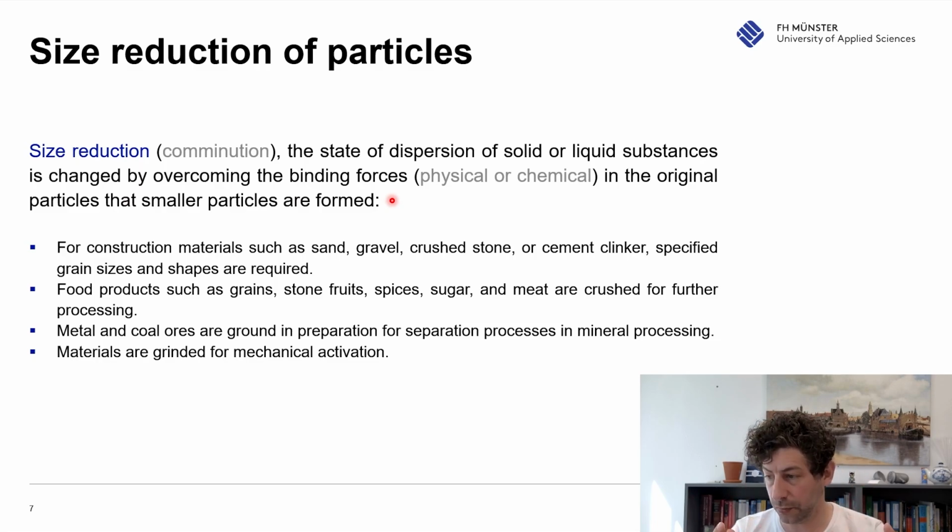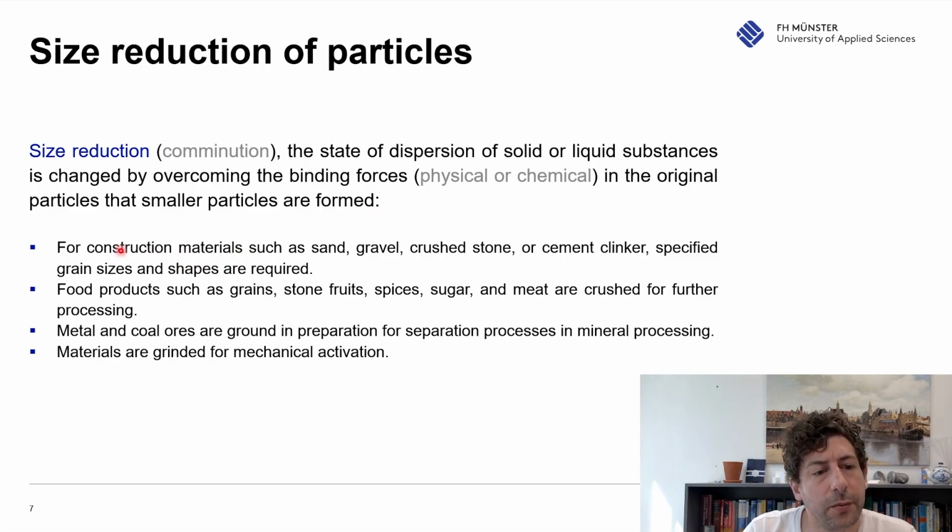So I have my coffee particles, I have my ore, and I put it into a comminution system. And then I break the bonds in the particle or between the particles. It could be a physical bond in the case of coffee grinding, and in the case of ore, it's mainly chemical bonds. But also the coffee powder could stick, and then I break the physical bonds, and at the end I get smaller particles.